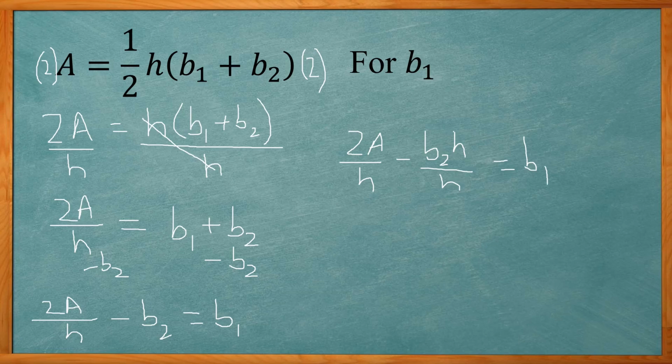And then you get two fractions with the same denominator. So you just add or subtract the numerators together. So 2A minus B2 h over h. And that's going to be equal to B1.